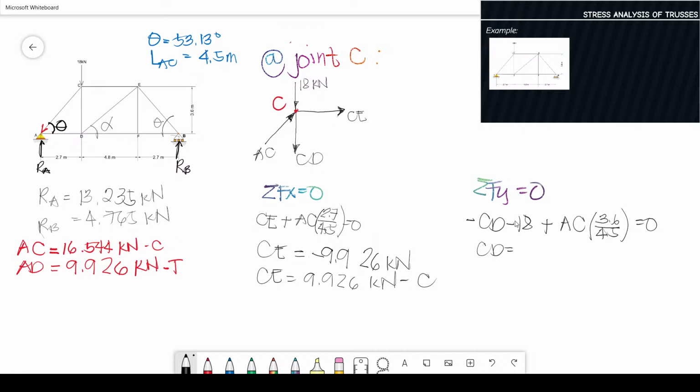CD equals, I feel it's negative again. Minus 18, AC is 16.544, times 3.6 over 4.5.